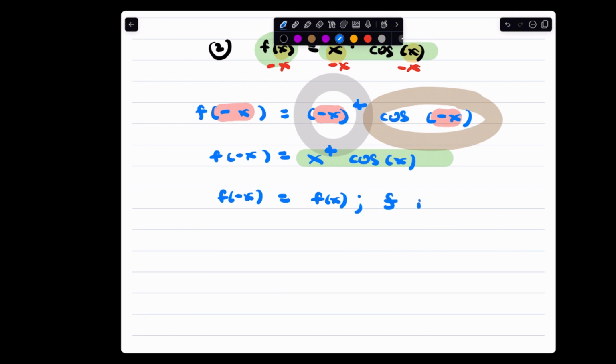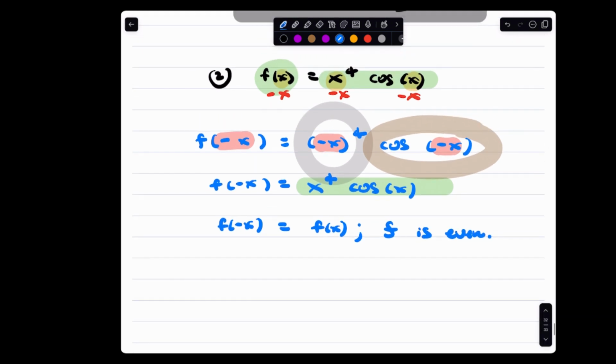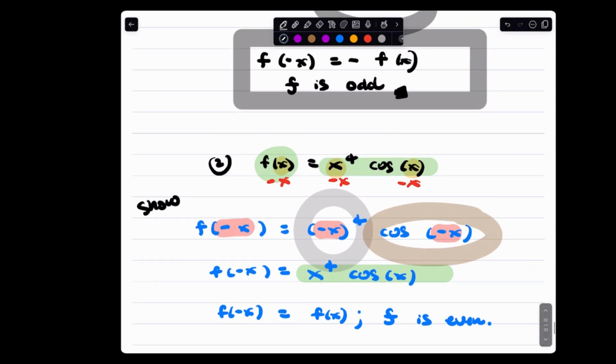We say f here is what? We have an even function. So, ladies and gentlemen, you're going to have to show this. You have to demonstrate this. This is that process. Does that look like what we've been doing here? You guys okay with that?